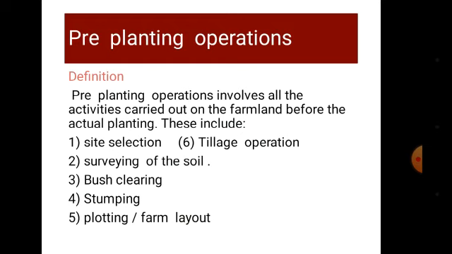5. Plotting or farm layout. The farm should be laid out into rectangular plots or fields by using the 3-4-5 method. The requirement for the 3-4-5 method of layout is that you use a triangular form to measure it, in a situation where the sides are 3, 4, 5 cm.